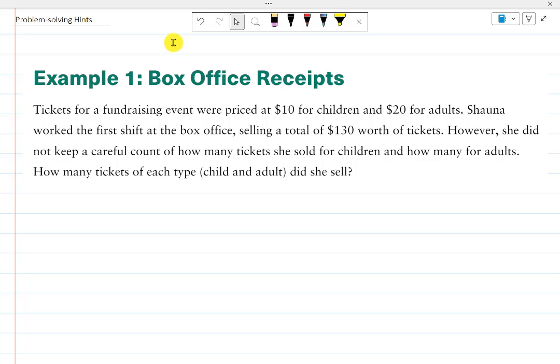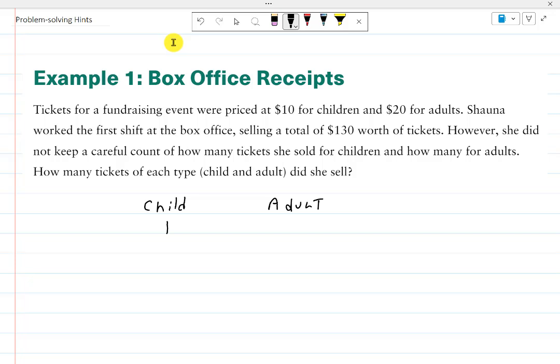So let's take a look here. I think what I did is I created myself a table. So let me start with that. And we start looking at the number of possible adults and children that we can have. For example, let's start simple with the child. If we have one child, they spent $10 on that one child.